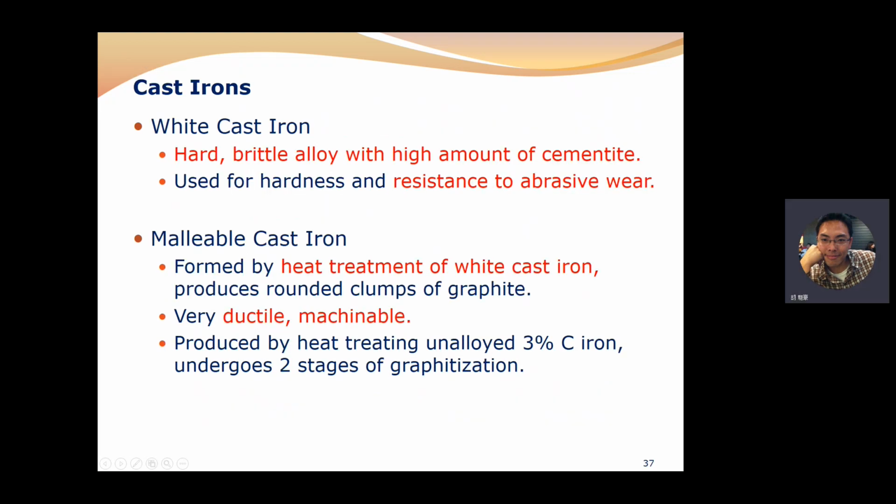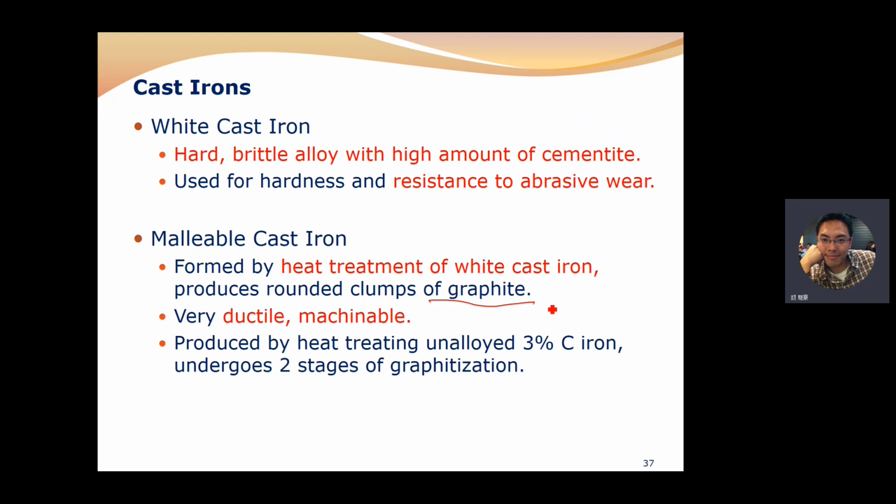White cast iron is a hard, brittle alloy with a high amount of cementite, used for hardness and resistance to abrasive wear. That's for sure, we already know that. Malleable cast iron, formed by heat treatment of white cast iron, produces round clumps of graphite.